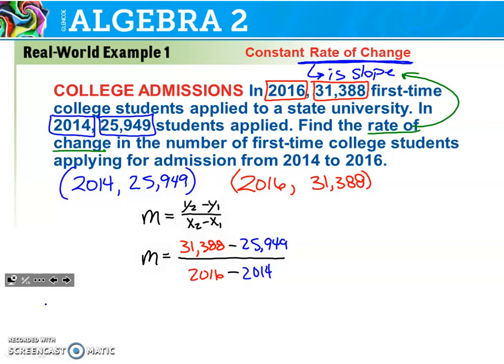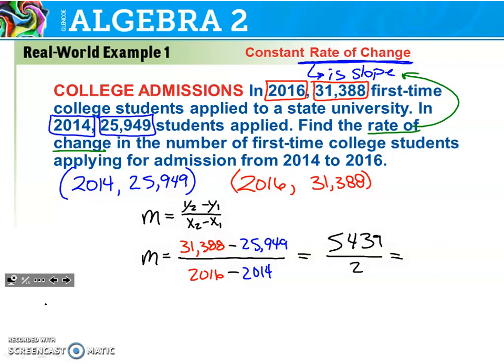Okay, now we're just going to do a little bit of math. I'll get that in my calculator because I don't want to do that in my head, mainly because I'm not very good at doing it in my head. Okay, when I subtract those two, that gives me 5,439 over 2.